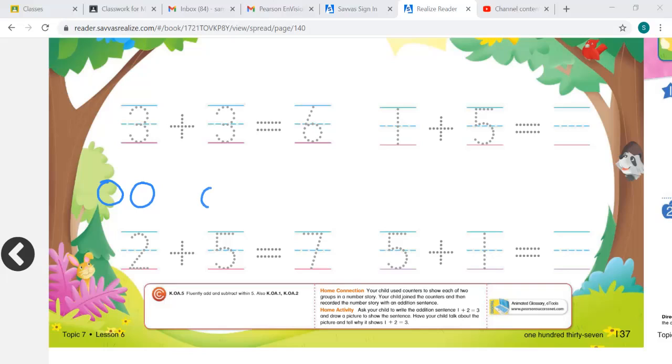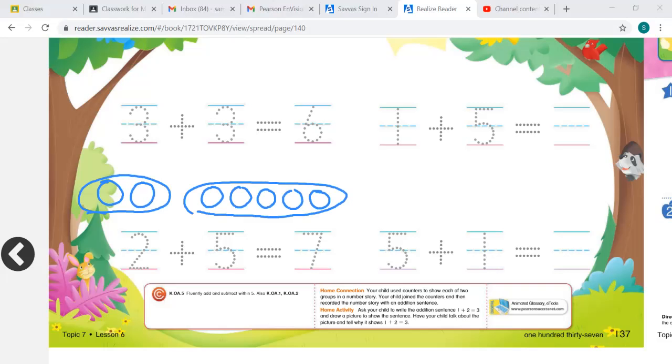And then there's 5 more bunnies that want to join. So we're going to write our counters. We have two groups. So we have 2 in this group, and we have 5 in this group.